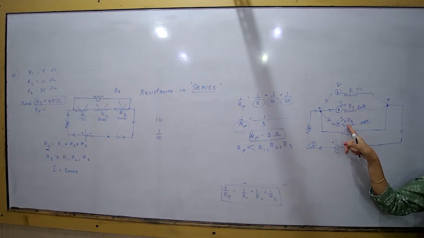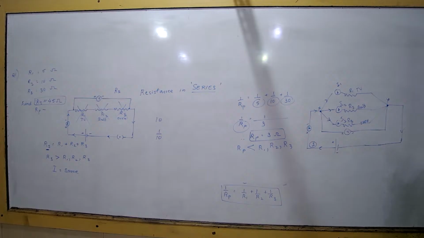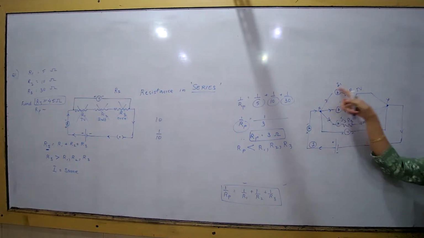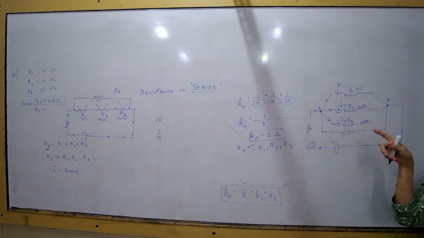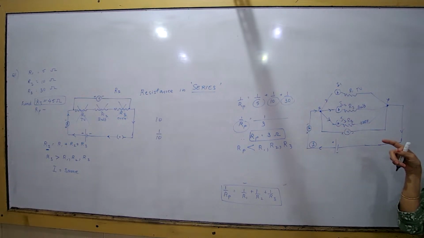If the resistance is low, the current will be more. If there's too much resistance, obviously the current will not flow through. If the resistance is low, then of course the current will flow. So each one of these appliances will draw the current as per whatever resistance is present.